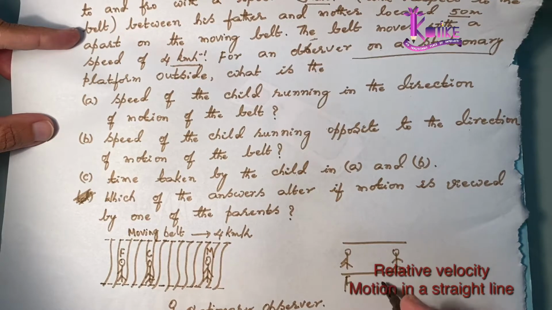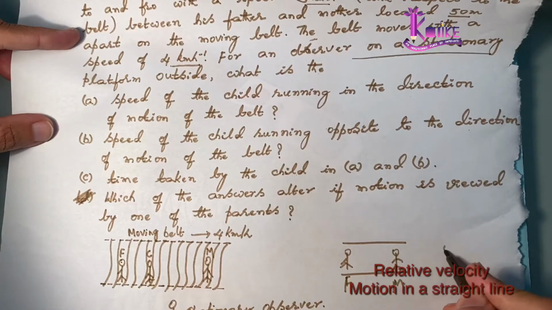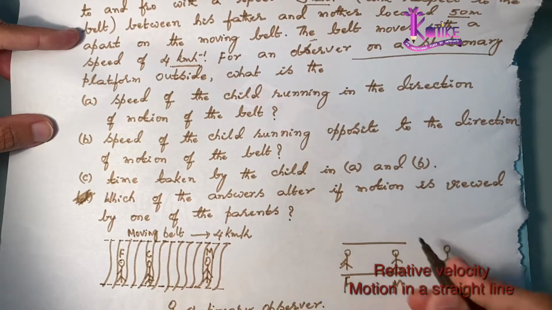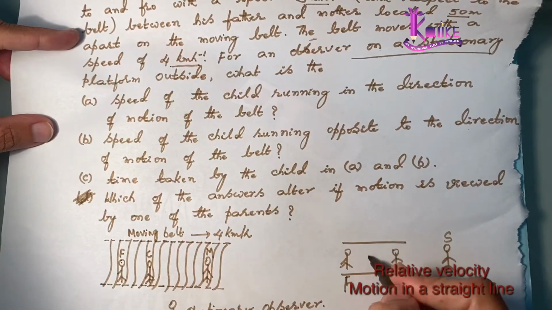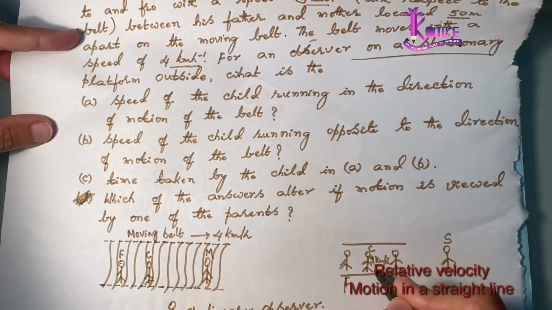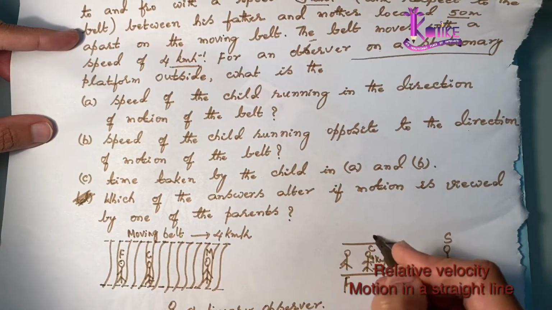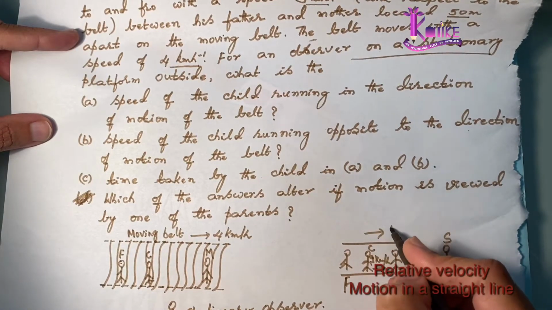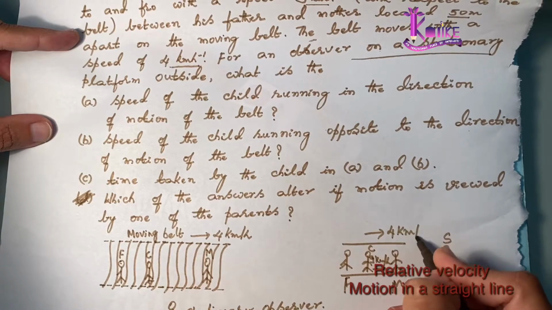So this is the father, this is the mother, and you have a stationary observer here. And this is the child who is running with a speed of 9 km per hour between his father and mother. So the belt is moving with a speed of 4 km per hour.